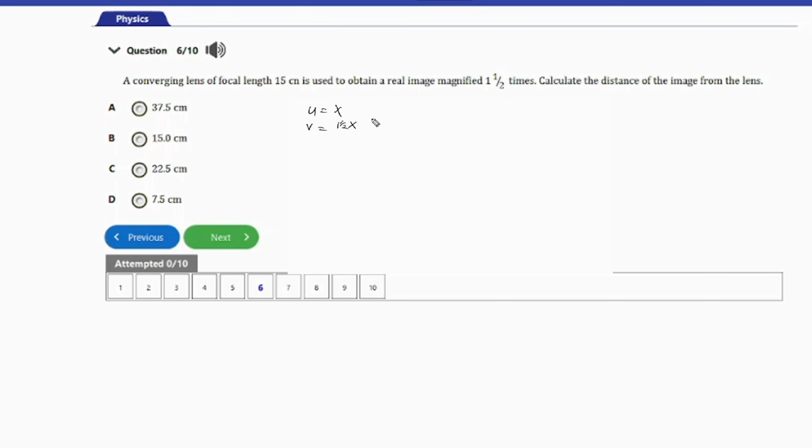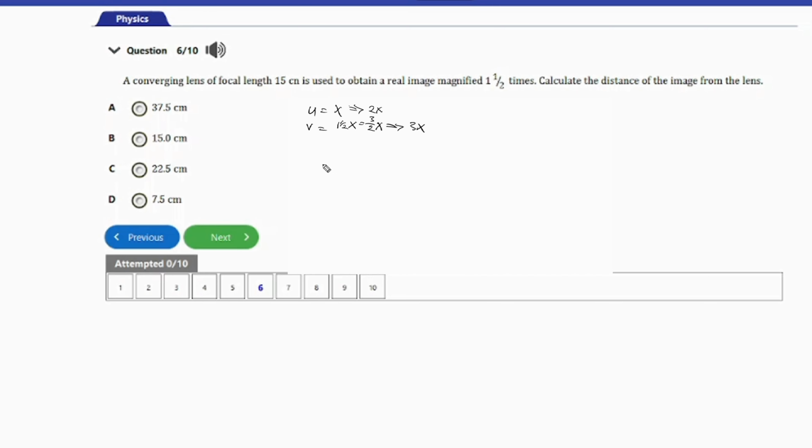times of x, so that's 3 over 2 x. In that case, since u is x and v is 3 over 2x, we can multiply both by 2 to eliminate the fraction here. So in that case, u becomes 2x and then v becomes 3x.